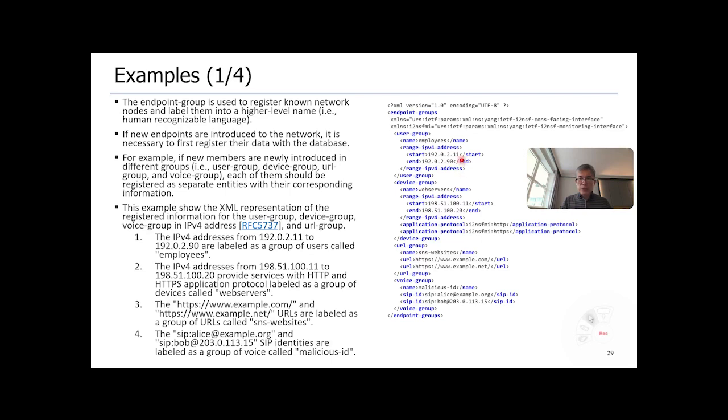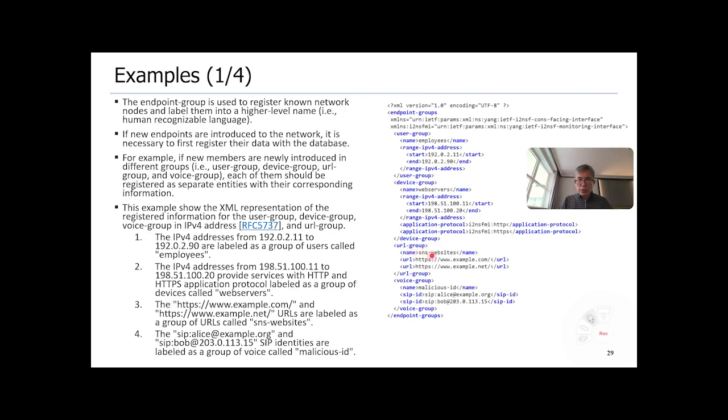Their laptops, smartphones, or personal computers are using these IP addresses. Web servers also have IP addresses used for web servers, and they are using two application-level protocols, HTTP and HTTPS.